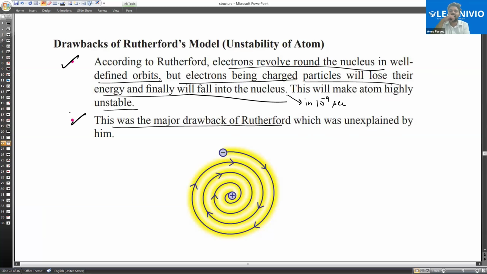According to the Rutherford model, electrons revolve around the nucleus in well-defined orbits, but electrons being charged particles will lose their energy and finally fall into the nucleus.